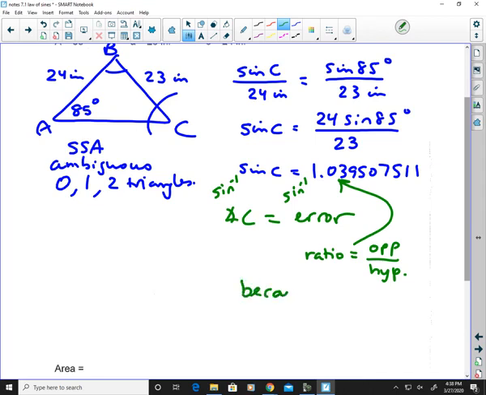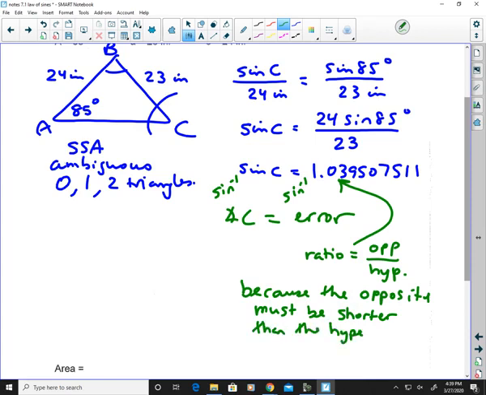Because the opposite must be shorter than or equal to the hypotenuse.